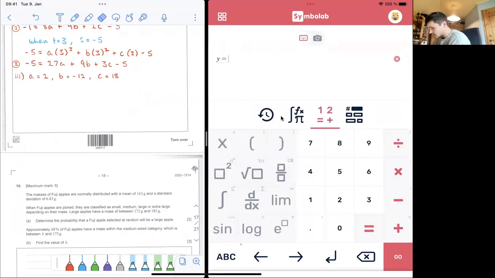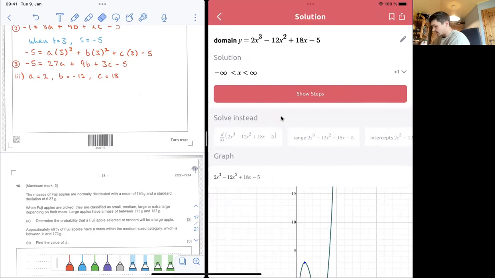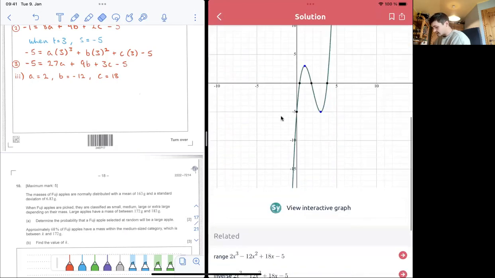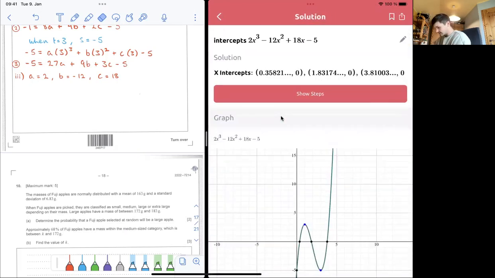So we've got y is equal to, a was 2, so it's 2x cubed, then subtract 12x squared, plus 18x, and then subtract 5. So there is our cubic function. Click go. Now that has given me this function down here, and I can go here and say find the x-intercepts, and there I have them. That's helpful.